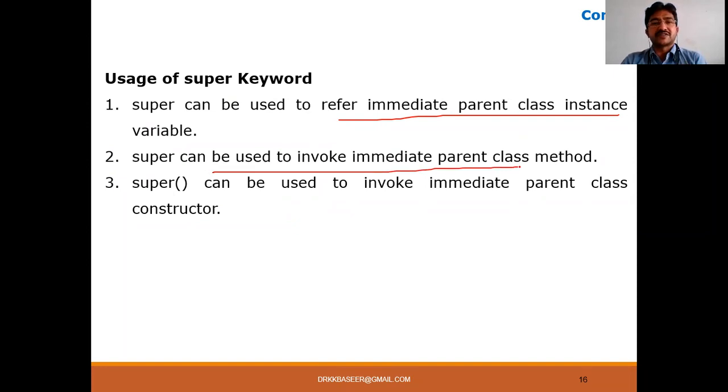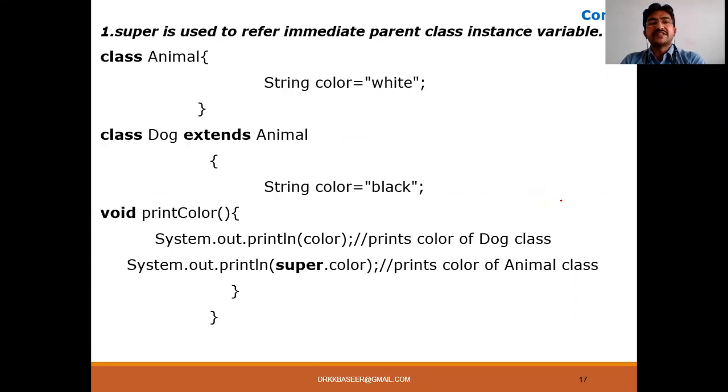Say the parent class has a method called ABC. If you want to use that method, you can use super dot ABC. We can also use it to invoke the immediate parent class constructor. Like if the parent class has the constructor A, to access that constructor we can directly use super. Let me show simple examples for each use. Let me talk about the first use.